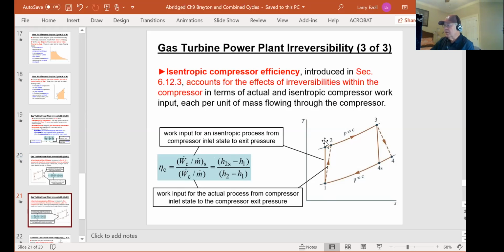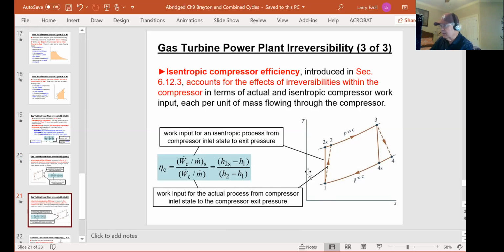Look, the work of the compressor is going to end up being the energy out minus the energy in, and it's going to be a negative value.